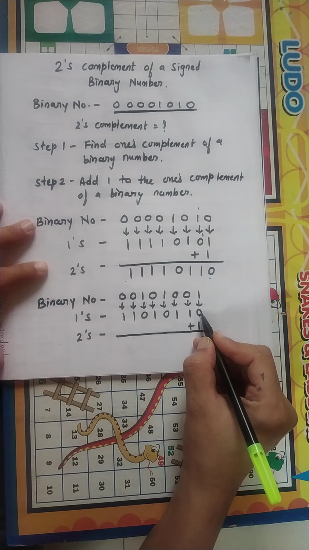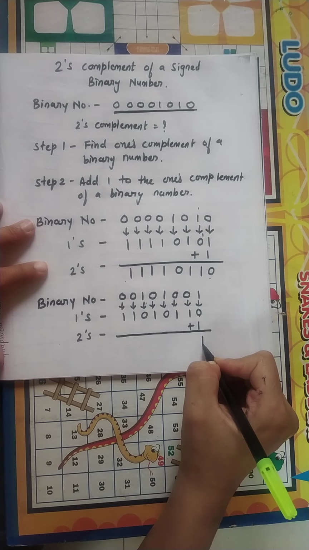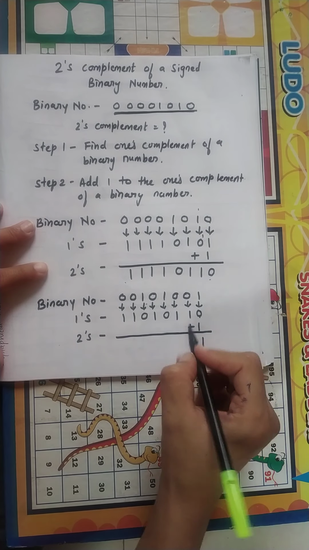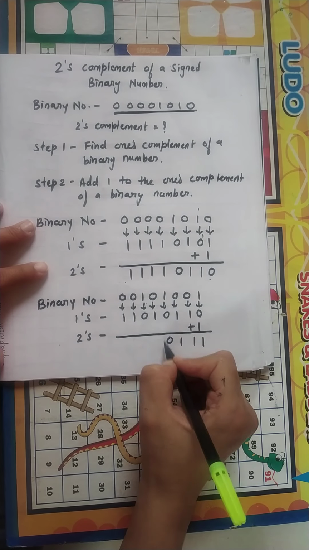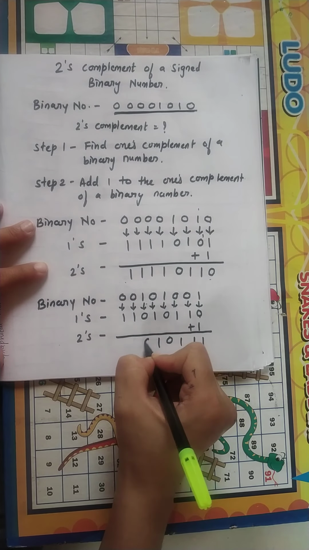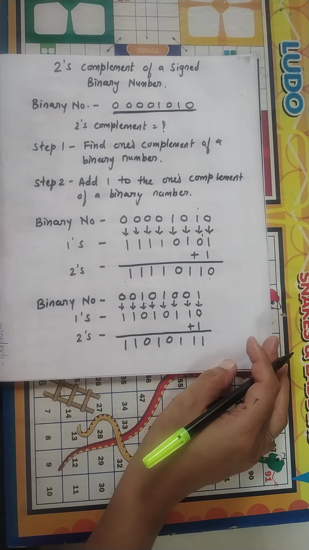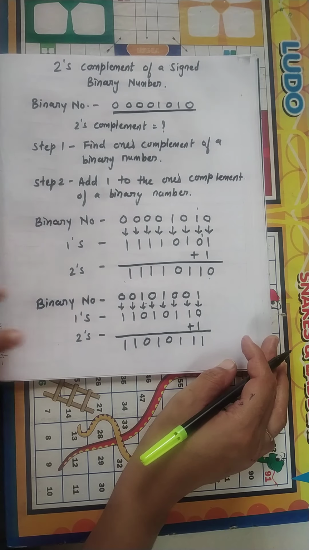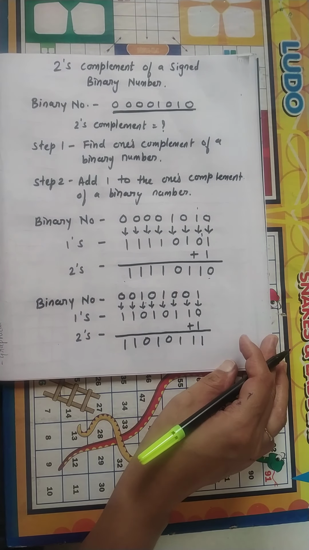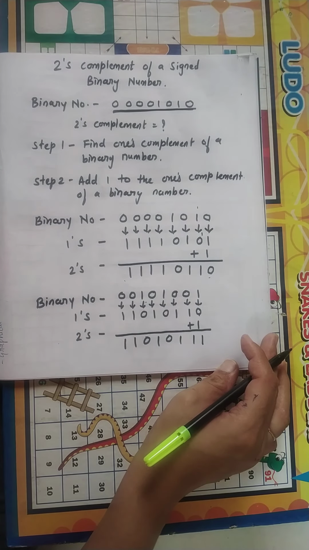Right? So now here 0 plus 1 is there, so the sum will be 1. Right? 1 1, so 1 0 1 0 1 and here 1. Right? So this is the 2's complement of this binary number. So this is the 2's complement of the number.